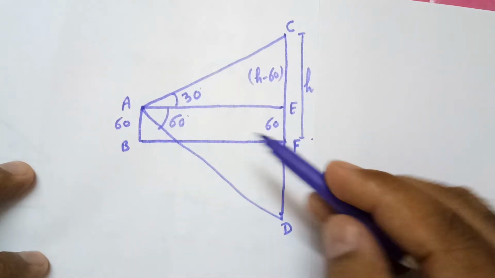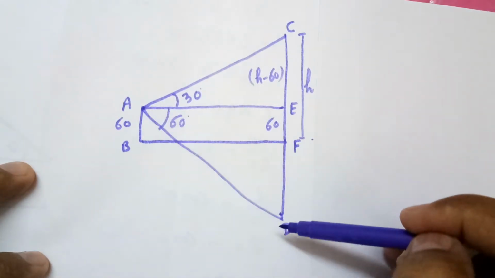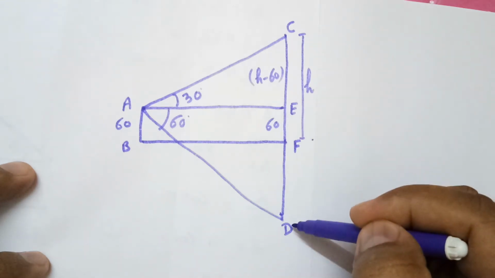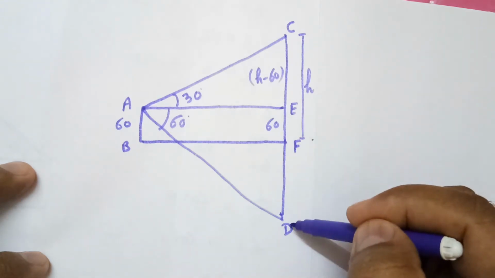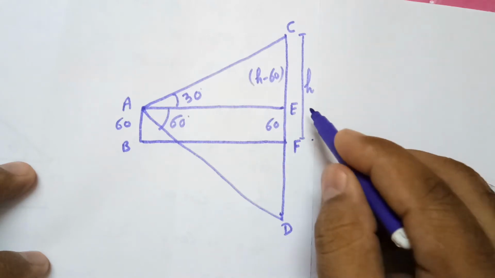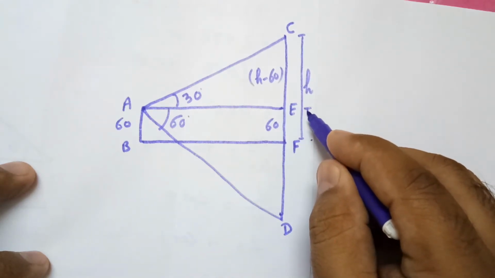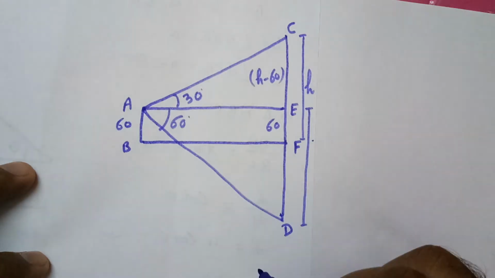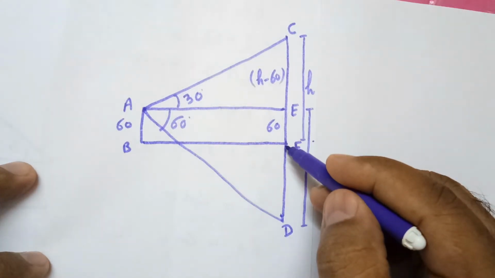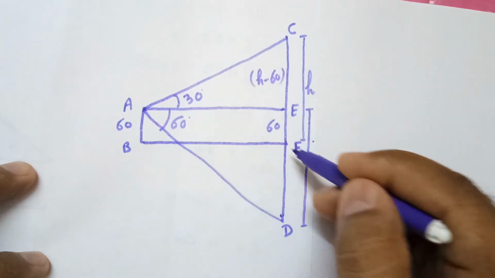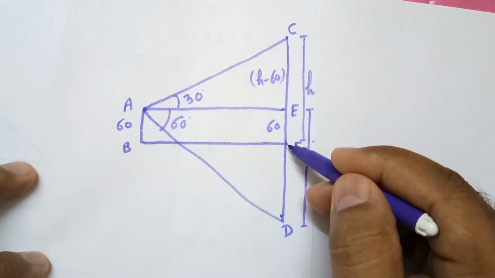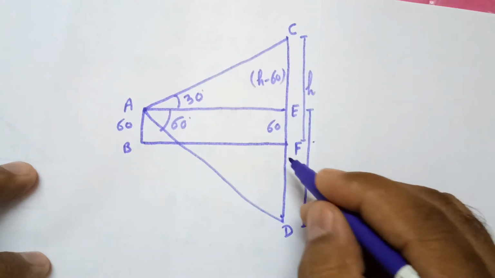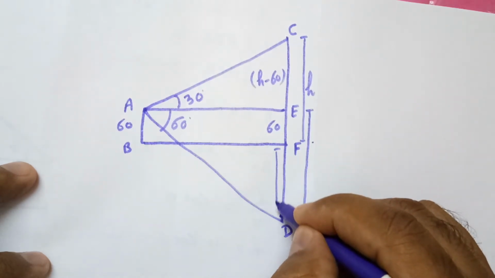And now for the second triangle ADE, the perpendicular will be DE. This total height will be the perpendicular here. Because this is a reflection, DF is the reflection of CF, so this height will be h.